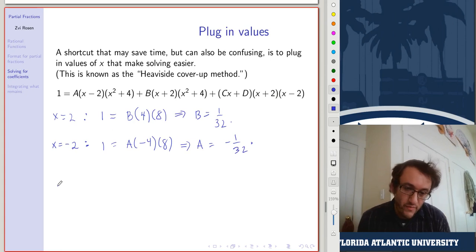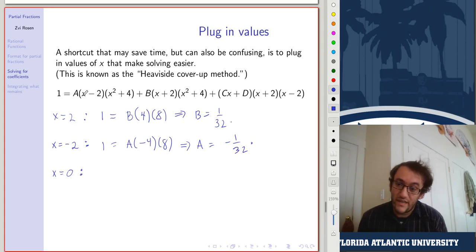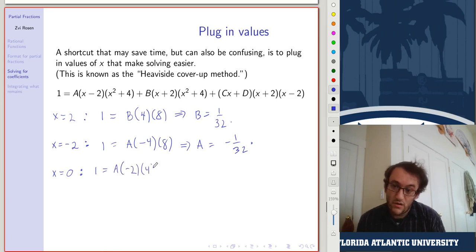Okay, so those are like the only good substitutions, but if we sub in x equals 0, things aren't so bad. So when x equals 0, we get 1 equals a times minus 2 times 4 plus b times 2 times 4 plus d times 2 times minus 2.